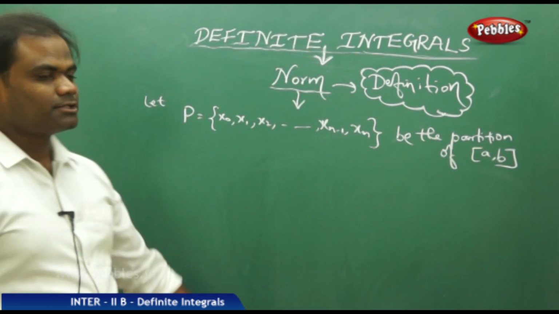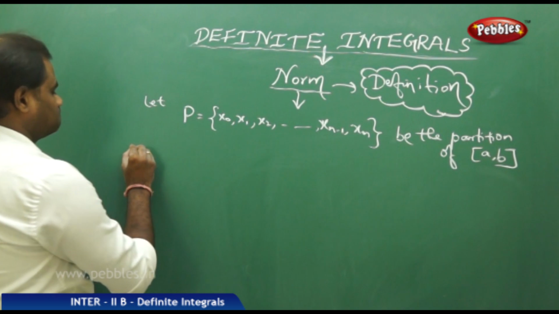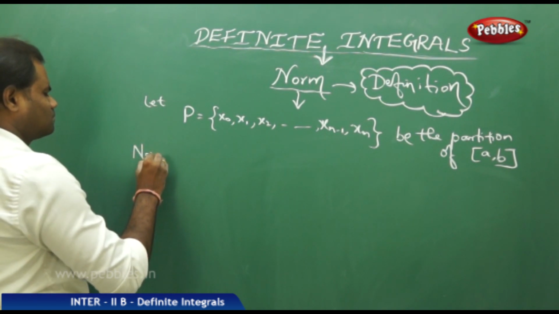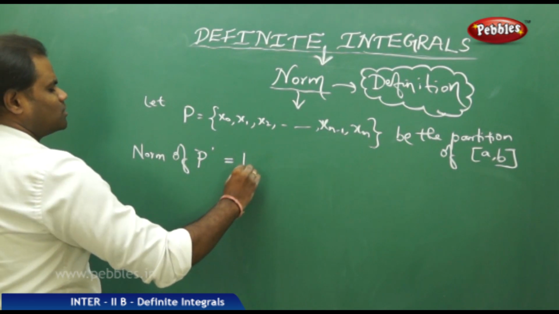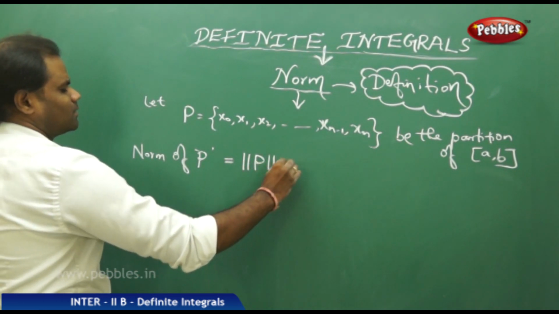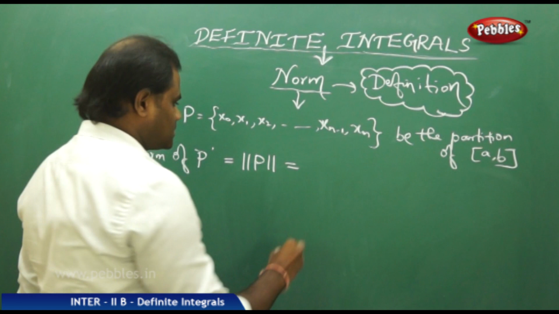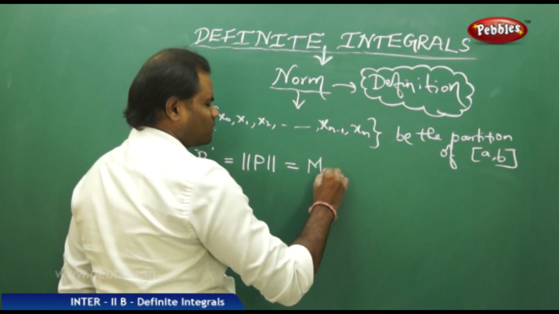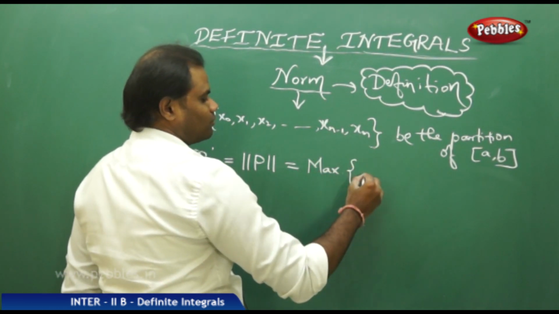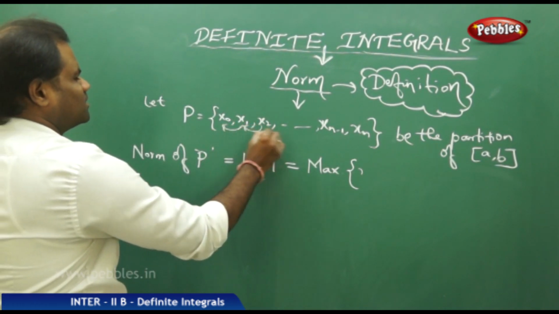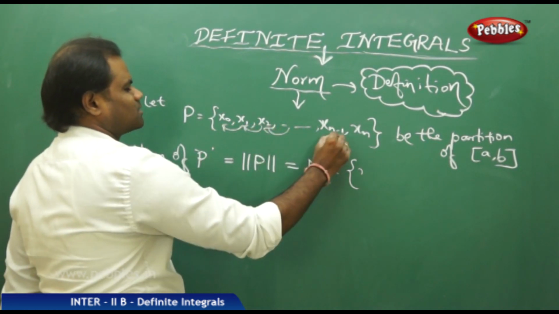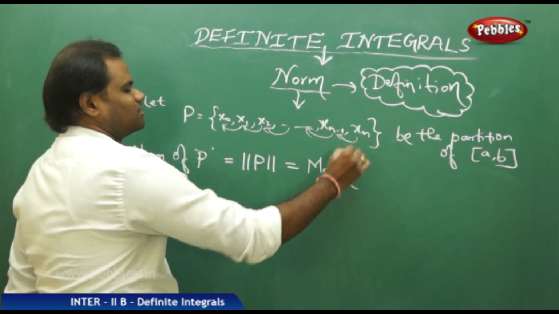So if this is the partition, then the norm of the partition P is denoted by norm P, and it is defined as the maximum of each of these differences: this minus this, and this minus this.